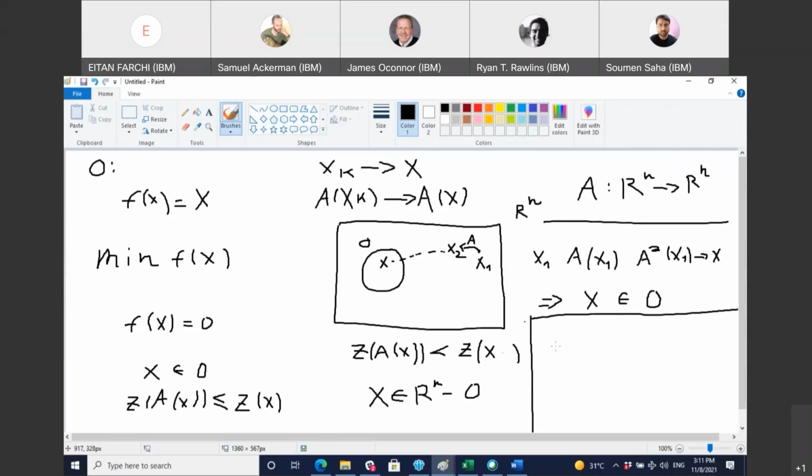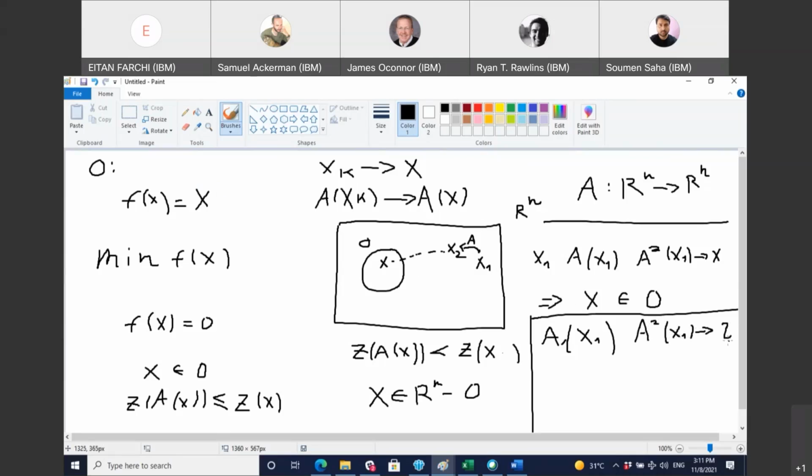One observation here is that if I look at the following series, A of x1, A square of x1, and so on, can you tell me where it converges to?